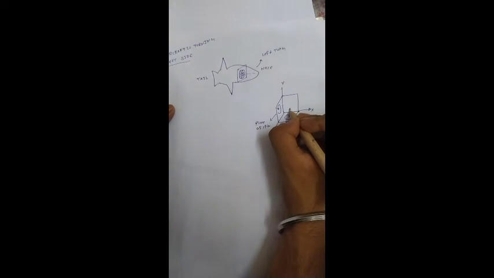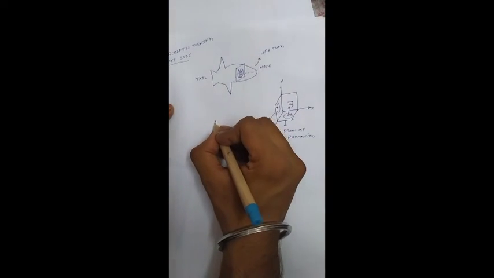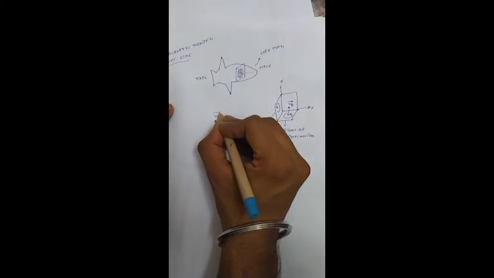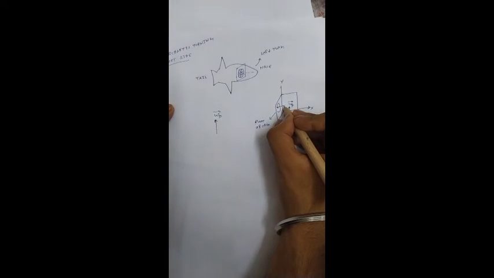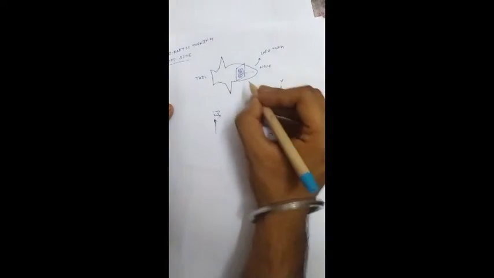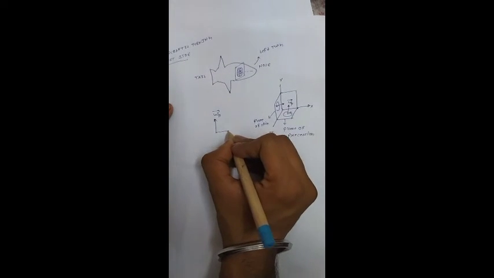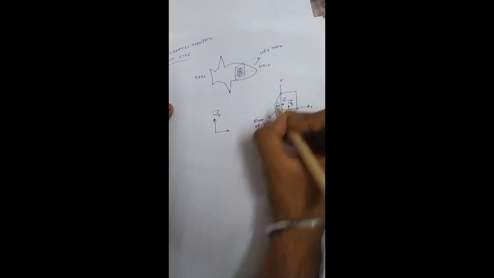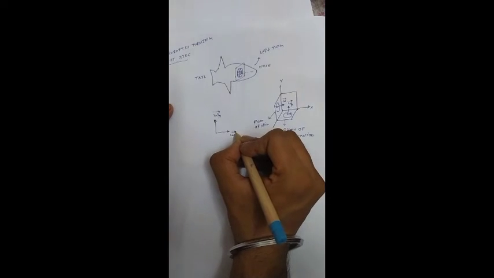Perpendicular to this plane is the direction of the omega p vector. And perpendicular to the plane of rotation of the rotor is the direction of the omega vector.